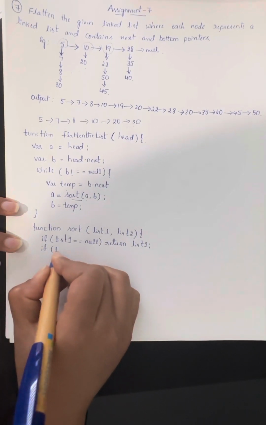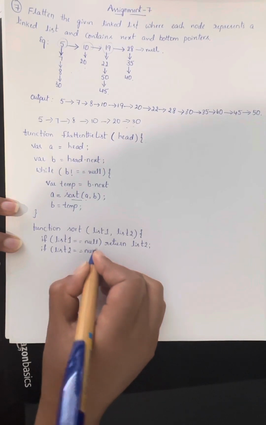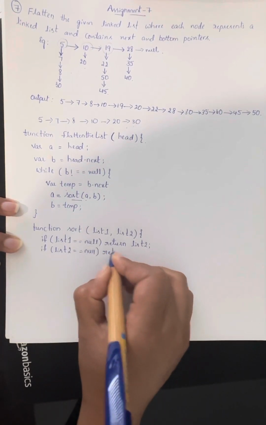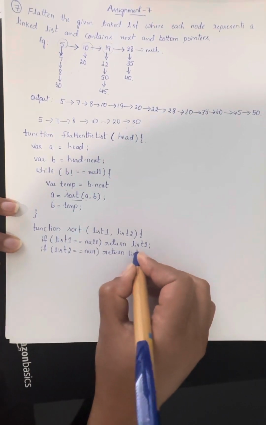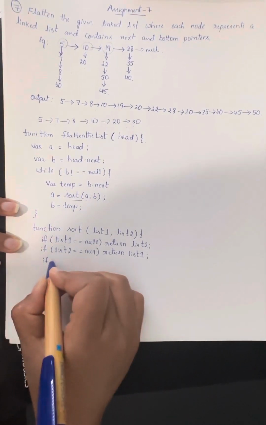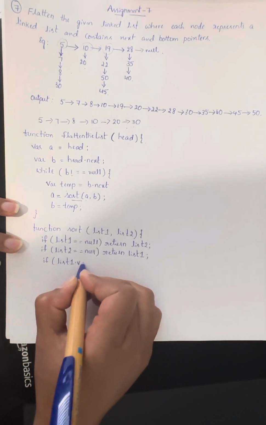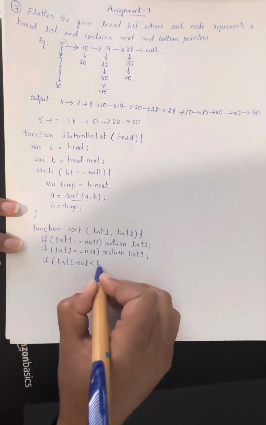If list2 is equal to null, we return list1. If not, we check if list1.value is less than list2.value.